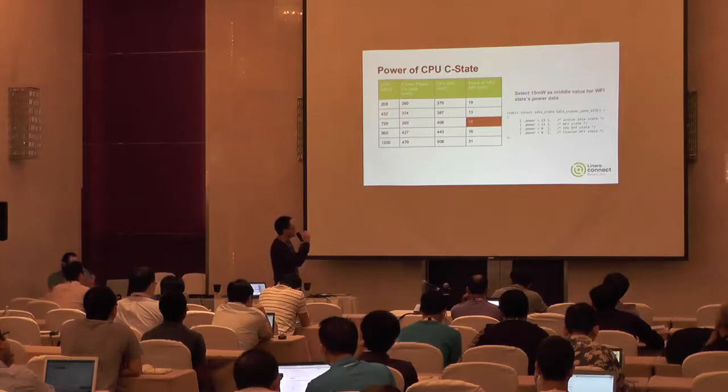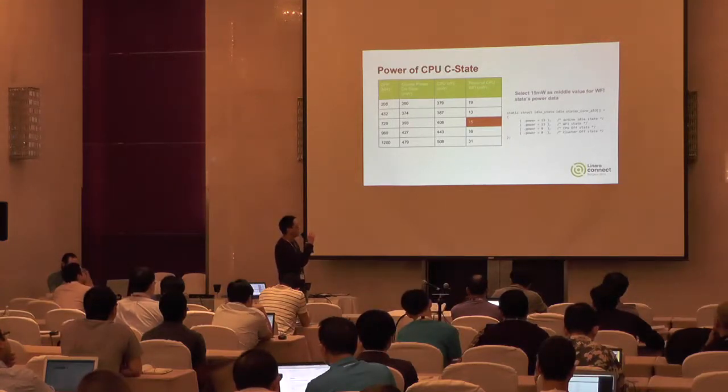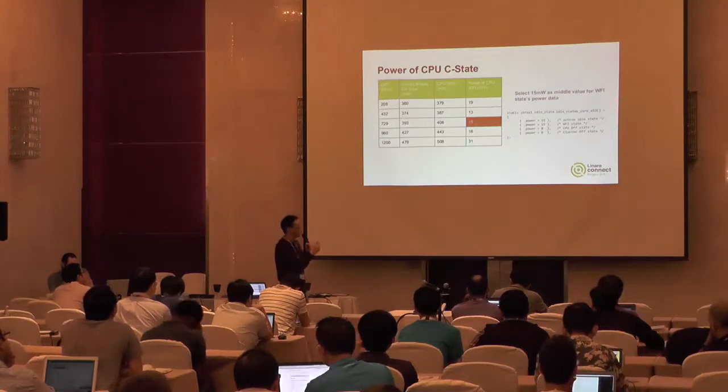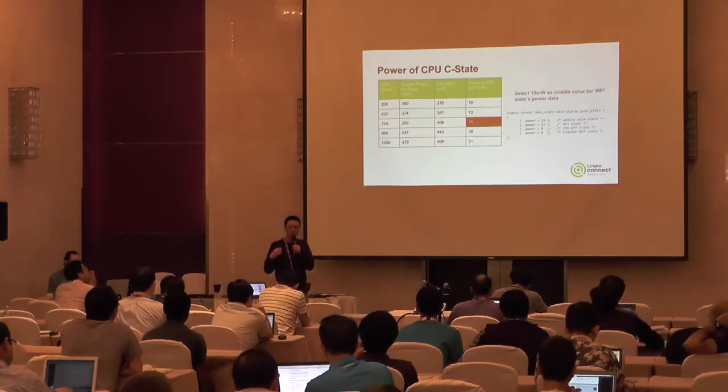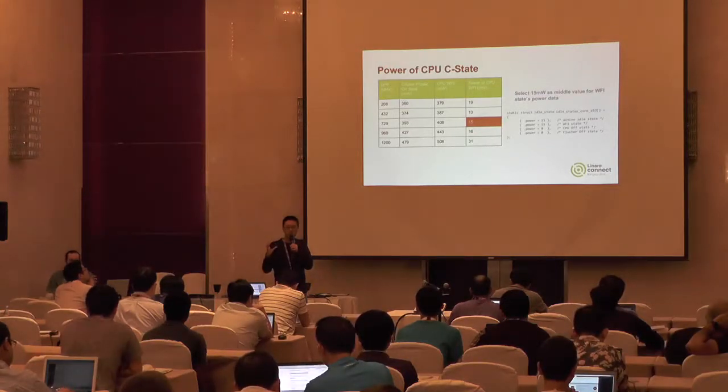So we can see that for the WFI state and active idle state, the power data is 15. But for CPU power off, we think the power has really been removed, so its power data is 0. And for cluster power off, that means the whole cluster has been powered off, so the CPU level also has no power data anymore, and we also set the value to 0.